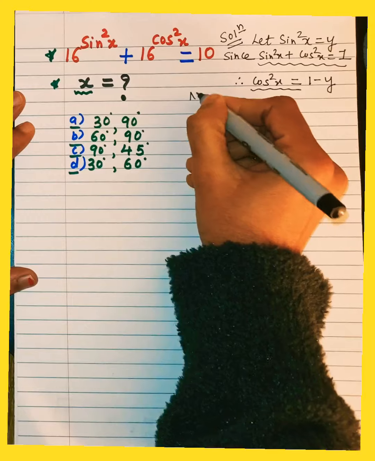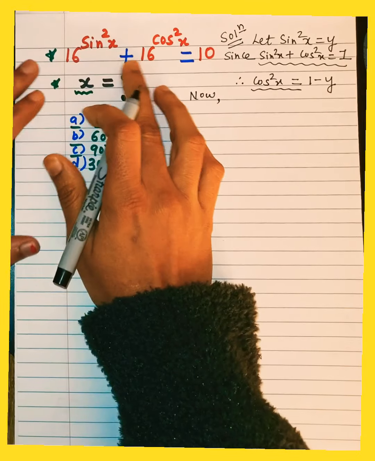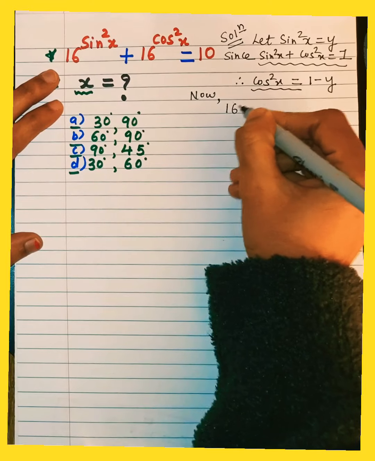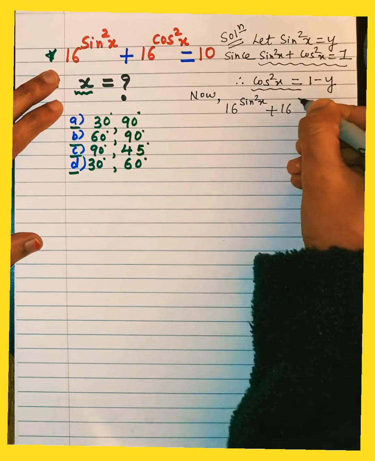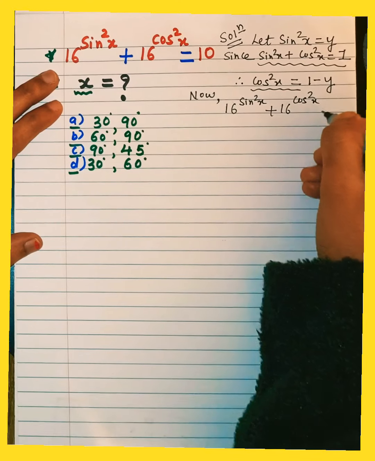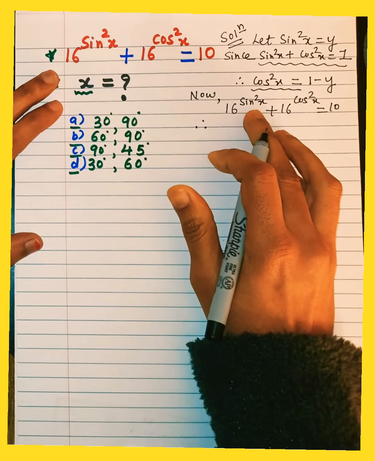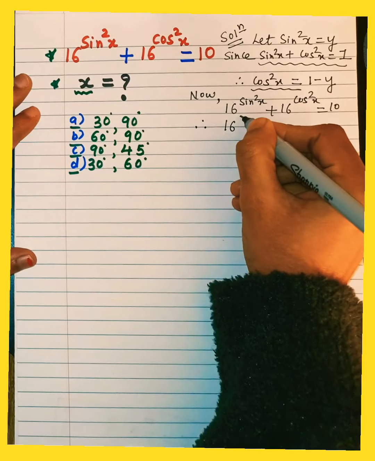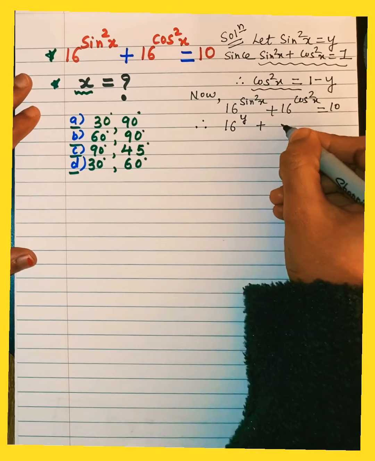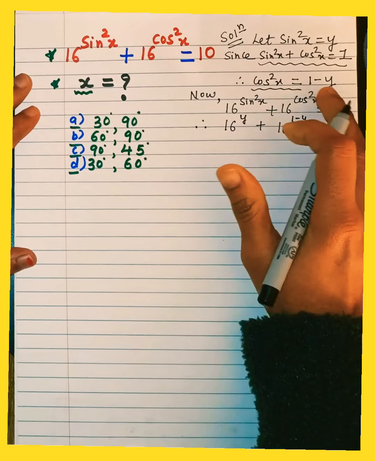Now moving ahead, just substituting these values here. So our equation is 16 raised to sine square x plus 16 raised to cos square x equals 10. Now in this equation 16 raised to sine square x, sine square x is y, so we will keep 16 raised to y plus 16 raised to 1 minus y, because cos square x is 1 minus y.